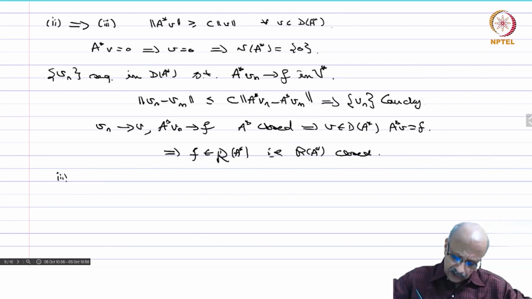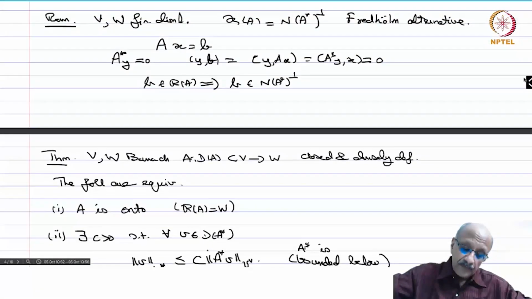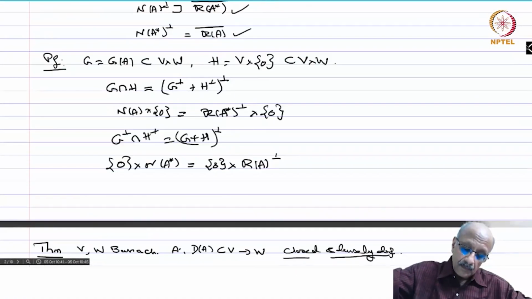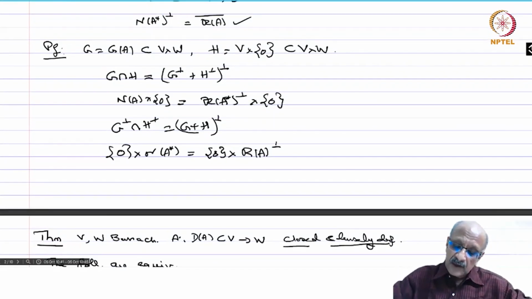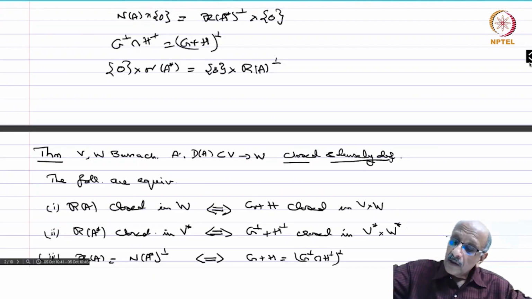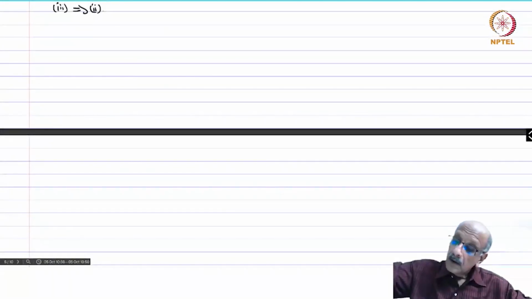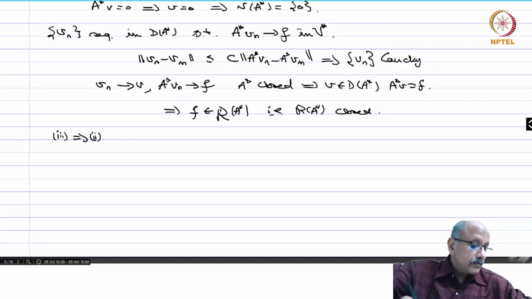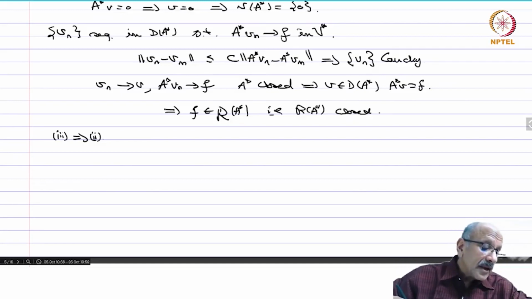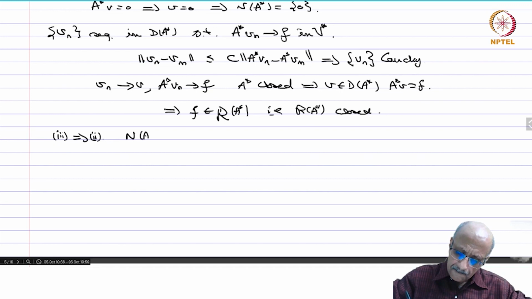So now we want to show 3 implies 2. So we go back to the notation which we had earlier about G and H. G equals the graph of A, H equals V cross 0, and then we have that N of A star equal to 0 implies that G perp intersection H perp is 0.